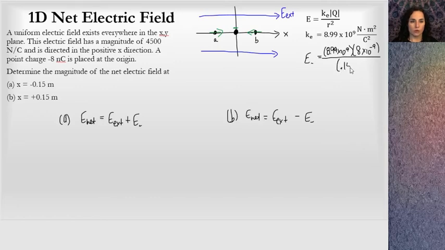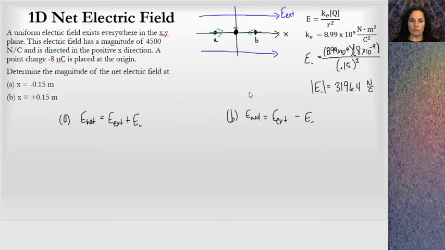So this is 0.15, and remember to square that. I see students dropping the square. When you solve for the magnitude of the electric field due to this -8 nanocoulomb charge, remember I'm using the magnitude of that charge. The magnitude is 3196.4 newtons per coulomb, repeating, so that's that value.